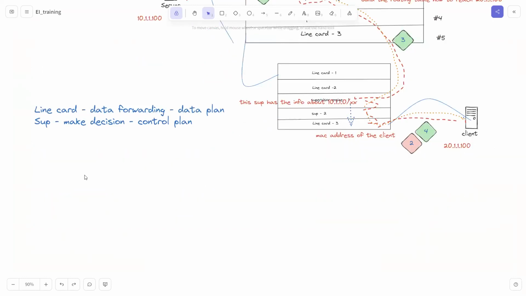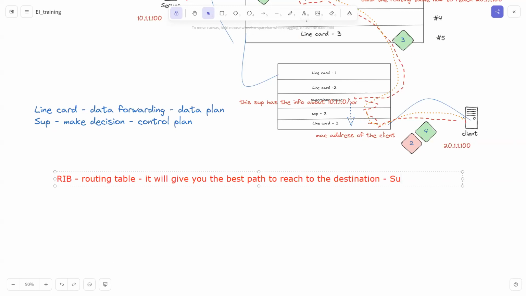Let's go here. So we have different types of tables. So first of all, we have the RIB table, the routing table. What it is doing, that routing table will give you the best path to reach the destination, right?